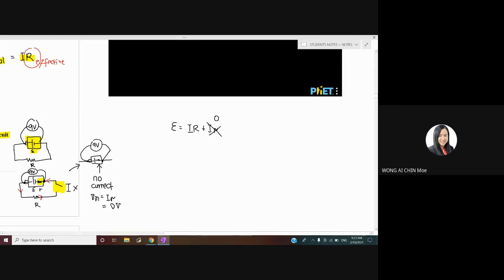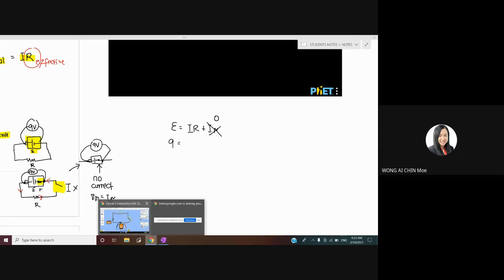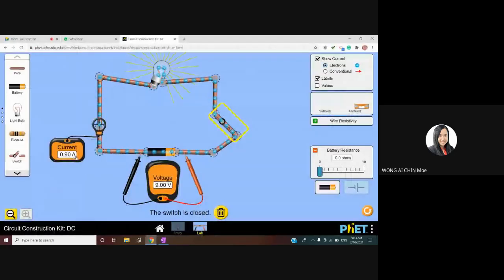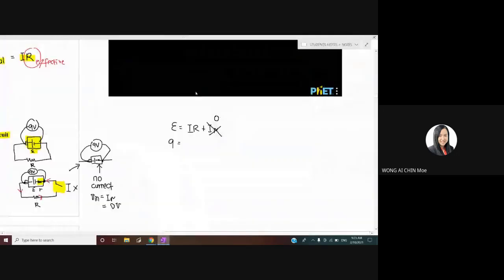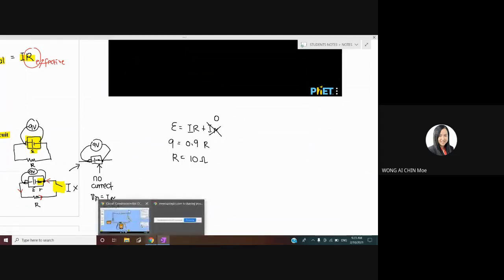So meaning that our EMF is 9 volt and our current just now also equals to 0.9. So this one I write 0.9. So your resistor is equal to 10 ohm. Meaning resistor yang light bulb itu adalah 10 ohm. Okay, next we continue.